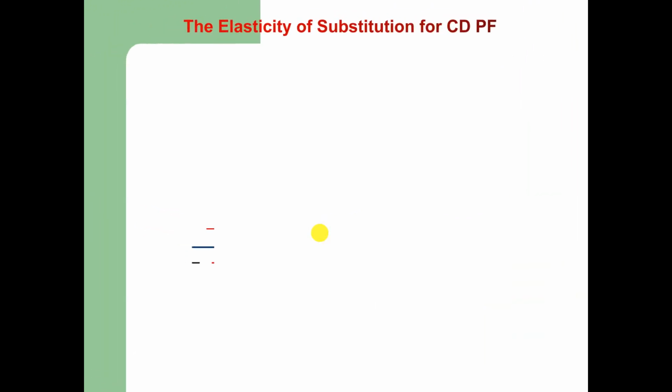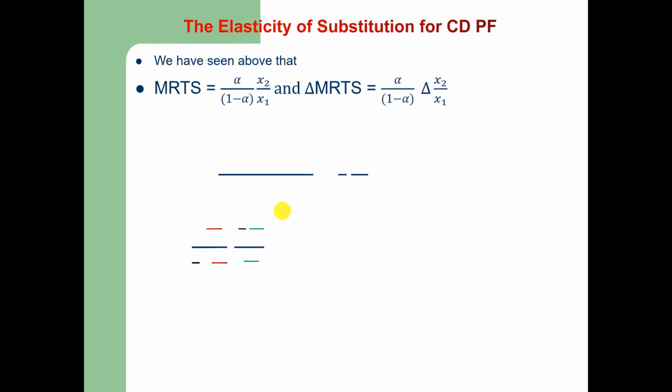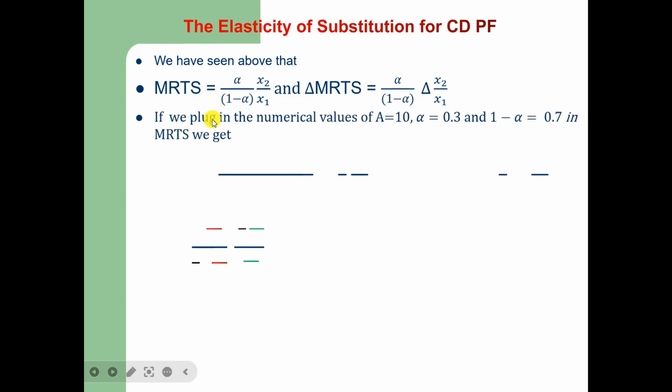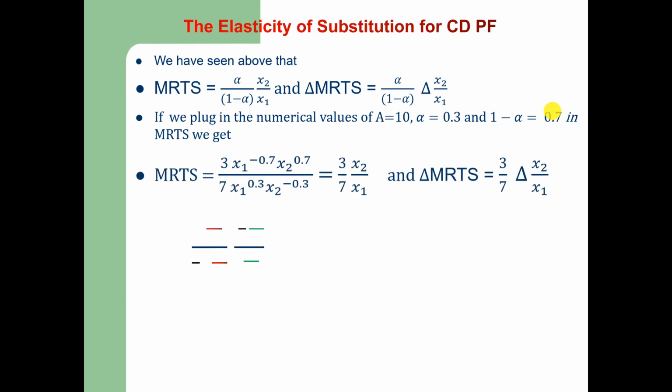Now let me share with you the numerical example. We have seen that the marginal rate of technical substitution of x1 for x2 is equal to this, and the change in marginal rate of technical substitution of x1 for x2 is equal to this. So if you plug in the numerical values of a equal to 10, alpha equal to 0.3, and 1 minus alpha equal to 0.7 in the Cobb-Douglas production function, then we get this.